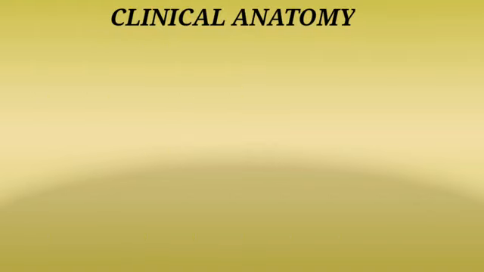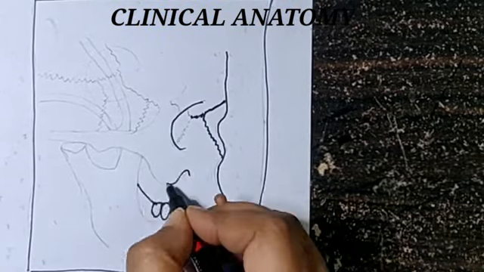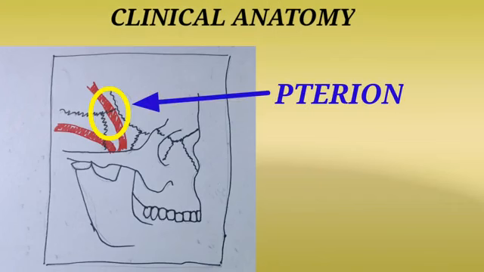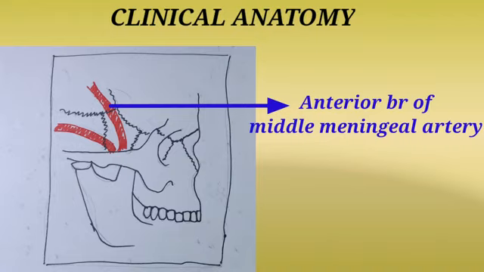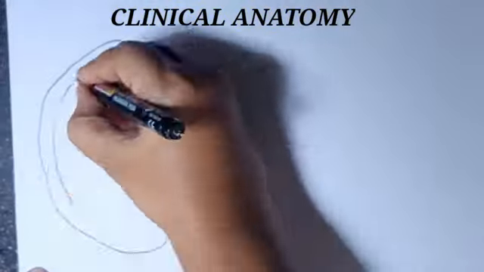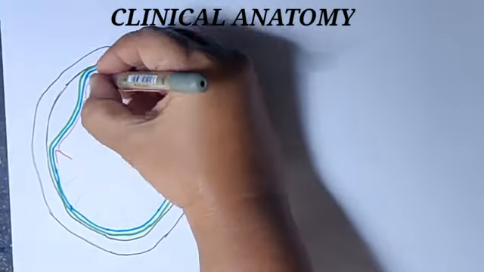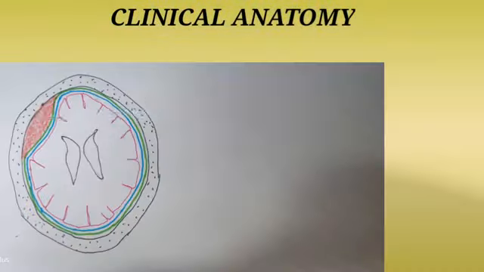Now let's discuss some clinical anatomy of the dura mater. A severe blow to the side of the head causing a fracture at the pterion may cause tearing of the anterior branch of the middle meningeal artery. The arterial blood gets accumulated between the periosteal dura and the skull, and such a condition is called epidural or extradural hemorrhage.